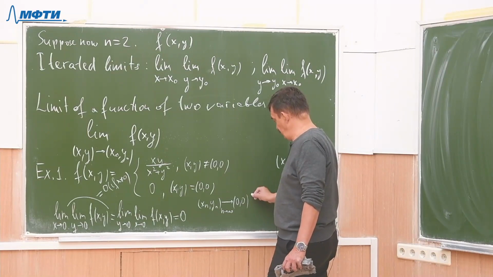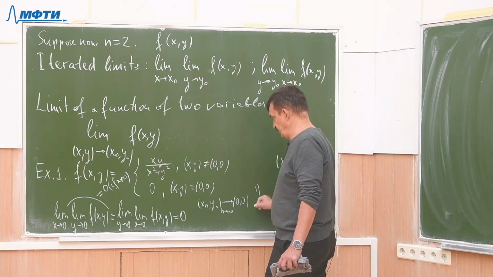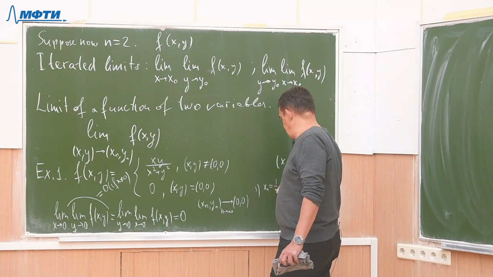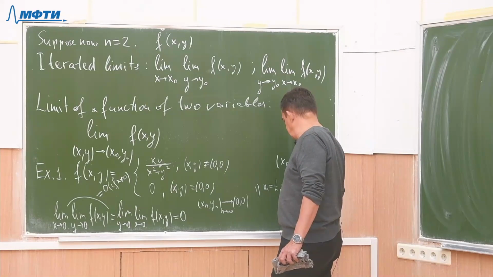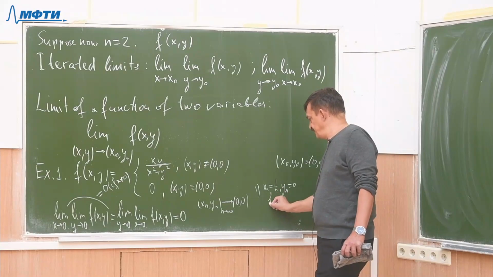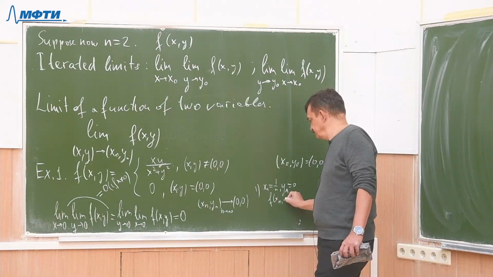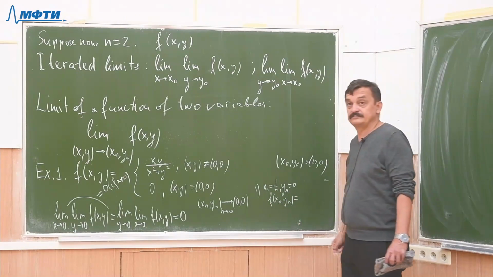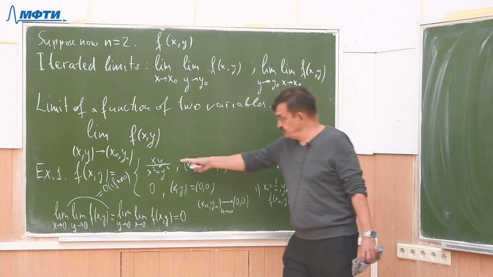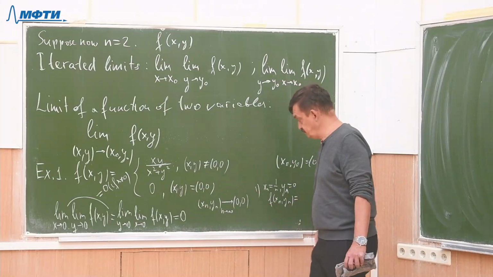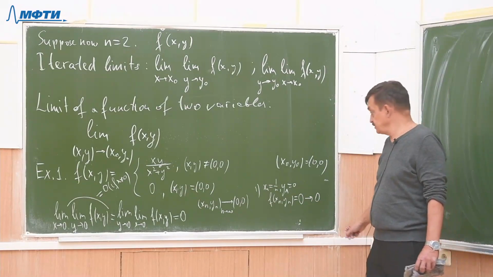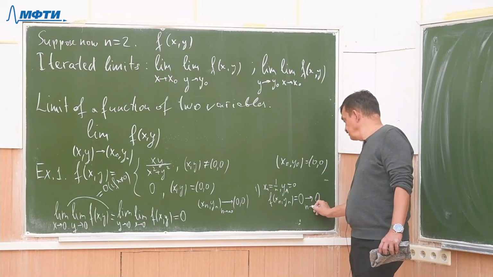For example, first, xn equals 1 over n, yn equals 0. Then what happens with f of xn, yn? Look, yn is 0, substitute, we have 0, which tends to 0 as n tends to infinity.